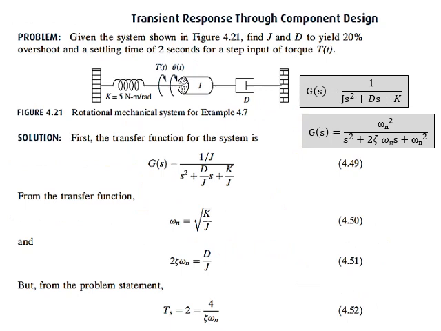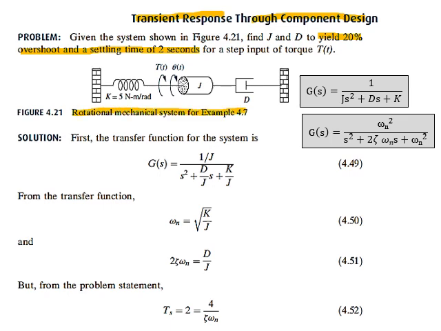Dear students, now we will design components of a system using transient response. We will design our system such that it must meet the given specification of 20% overshoot and settling time of 2 seconds. In this example, we have a rotational mechanical system having degree of freedom equals 1.